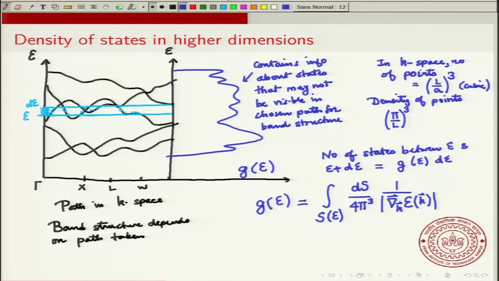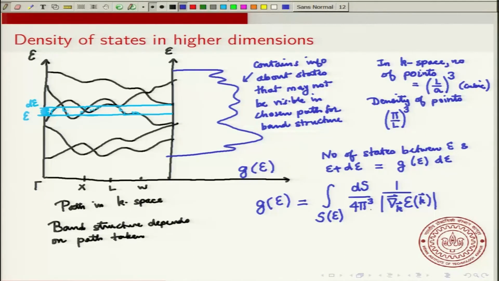As we said, when the gradient is large, that is the slope is very high, then you have very few states. This is exactly the same statement as in 1D, where we said that a small slope leads to a large number of points, whereas a large slope leads to a small number of states.